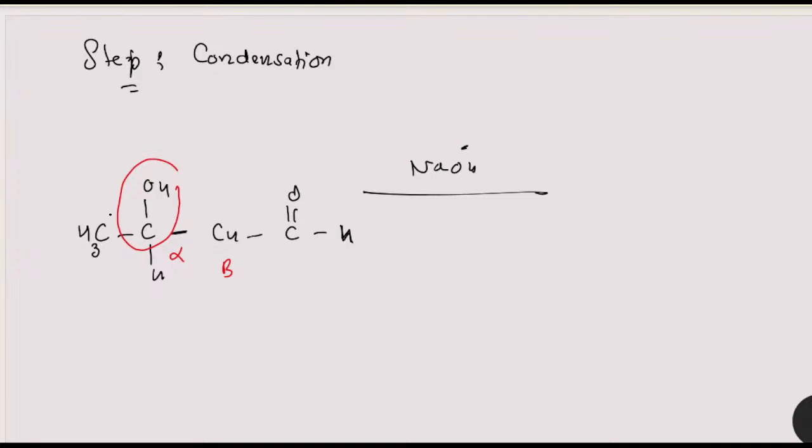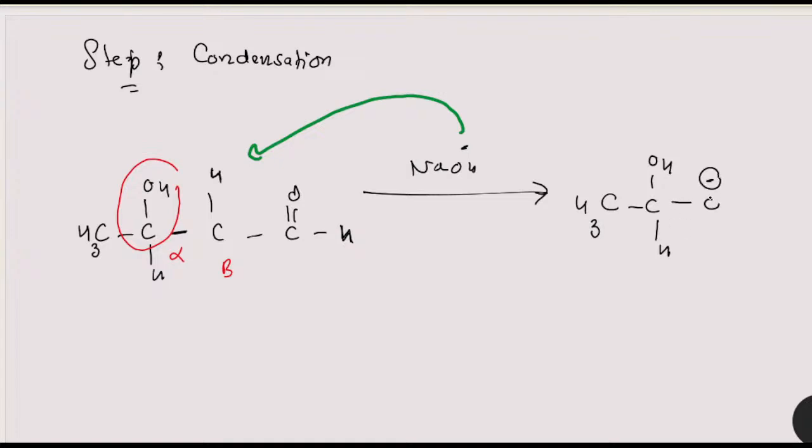Look at this, at the beta position there is a hydrogen present. So this OH ion simply attacks here, and then we add CH3, OH and hydrogen, and this carbon has a negative charge, and then CO and H.